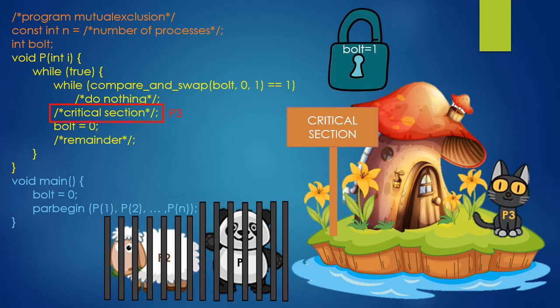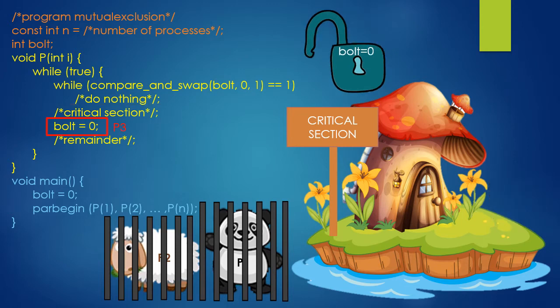P3 has had enough time in critical section now. When it moves out of the critical section, it sets bolt to 0. Both P1 and P2 have been constantly comparing the value of bolt with 0 all this time. The first one among these to realize that the value of bolt has changed will escape the while.